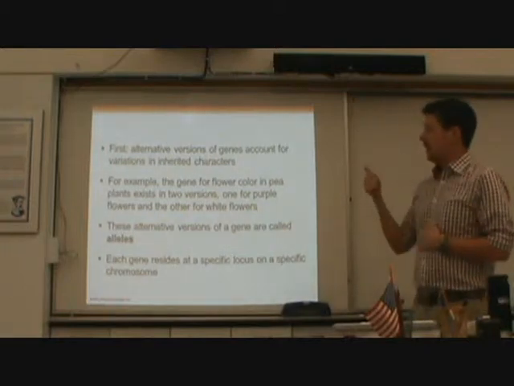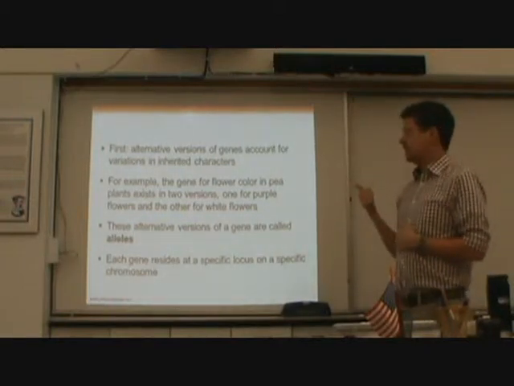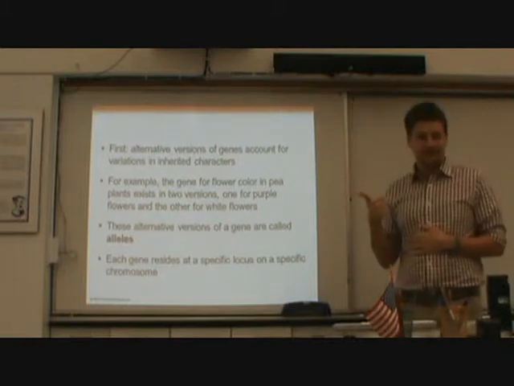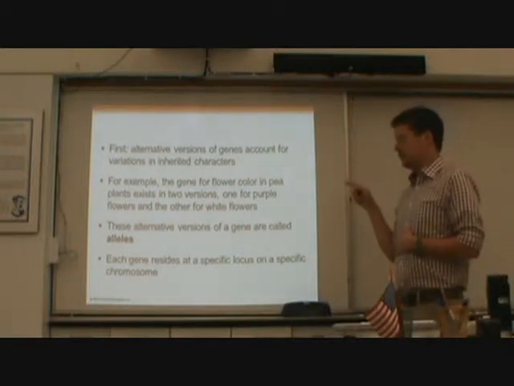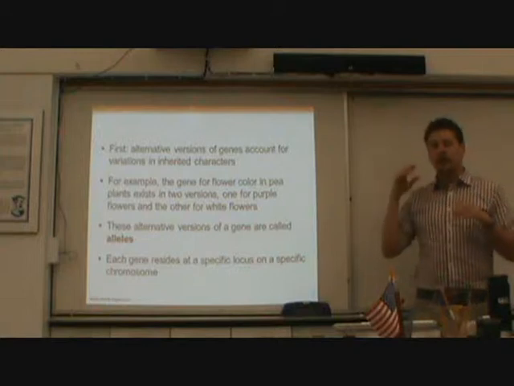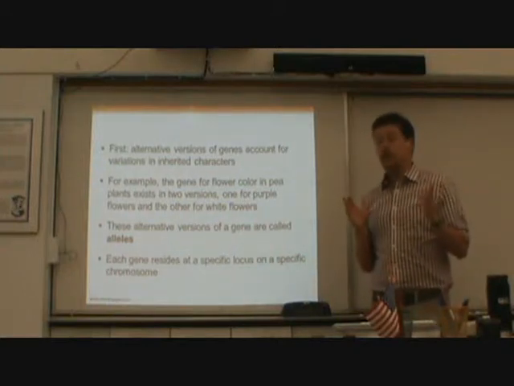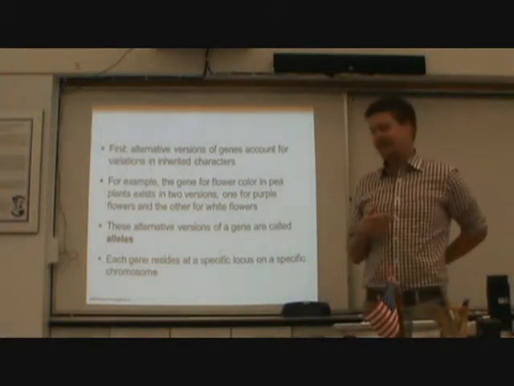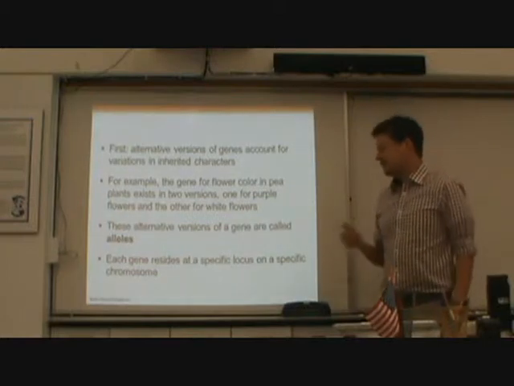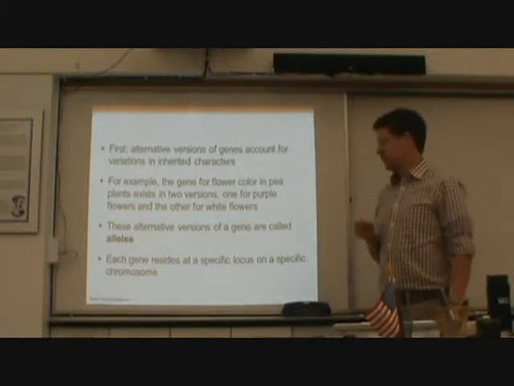So first, alternative versions of genes account for variations in inherited characteristics. So there are multiple versions of those genes. We already used the word alleles in class the other day, but that's what we call those alternate versions.